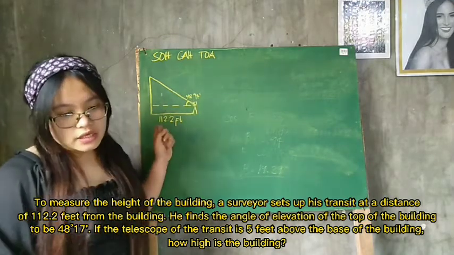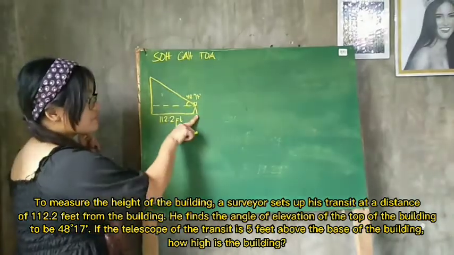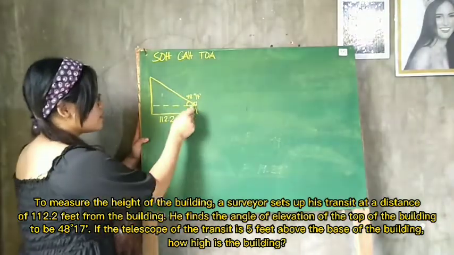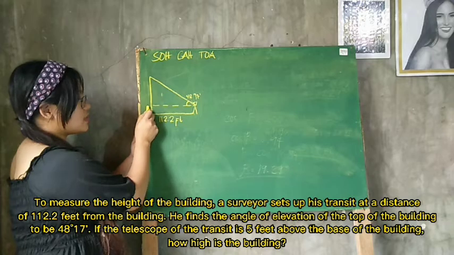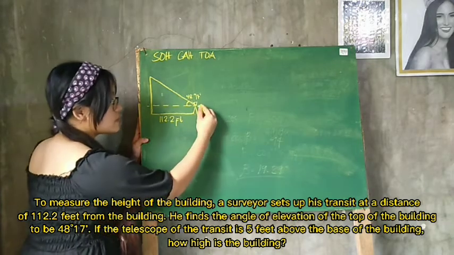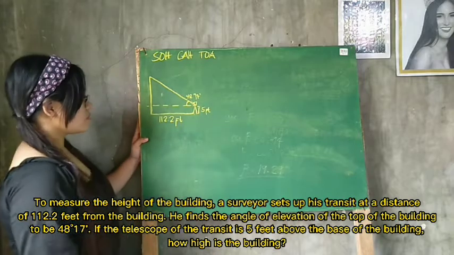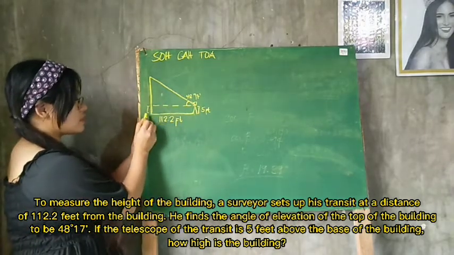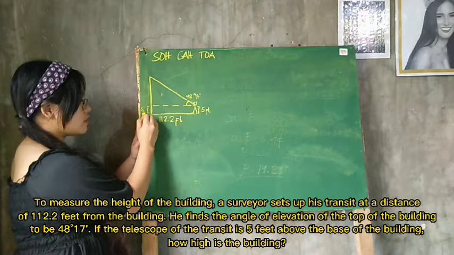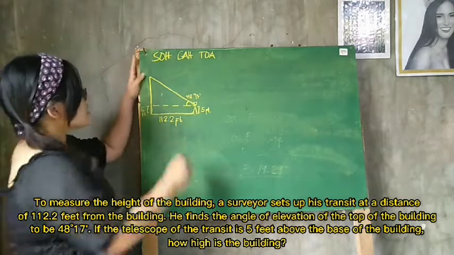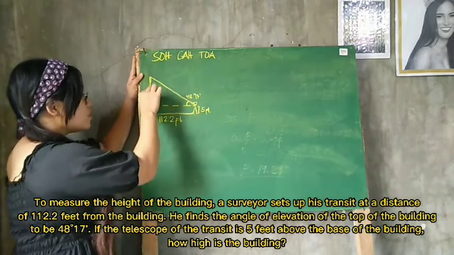Then the transit is 5 feet high, so this is the level of the transit. So this is 5 feet high, and this is also 5 feet high. So the question is, how high is this building?